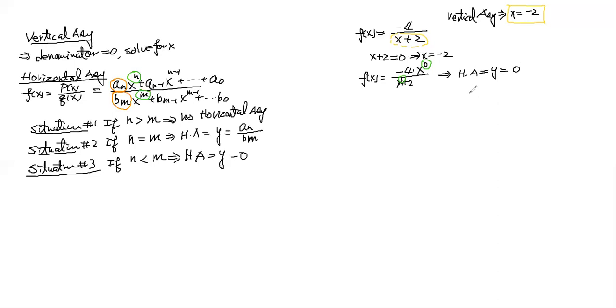Okay, so for my graph here, of course, we cannot get the detailed graph yet. I'm going to have a vertical asymptote at x equals -2, and my horizontal asymptote will be the same as the x-axis, y equals 0.